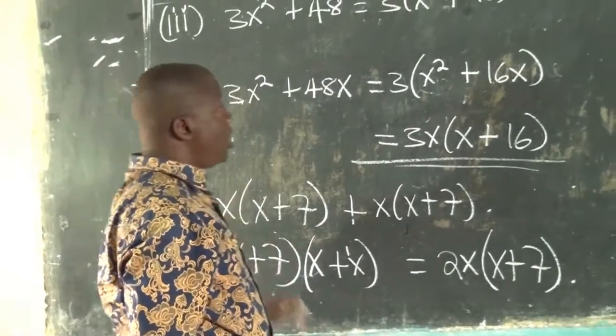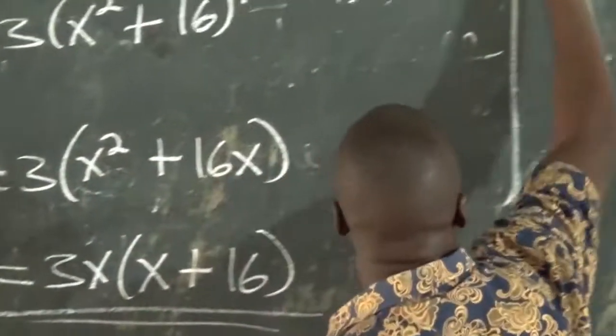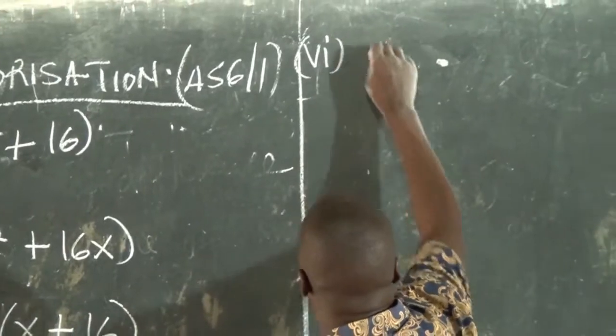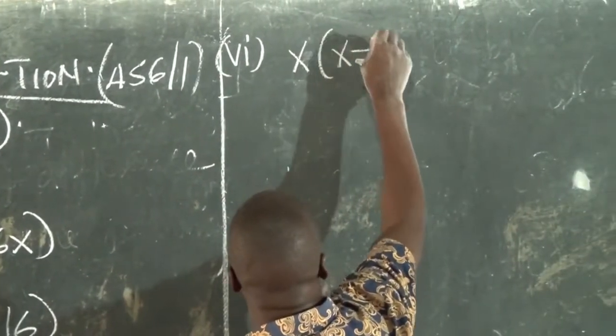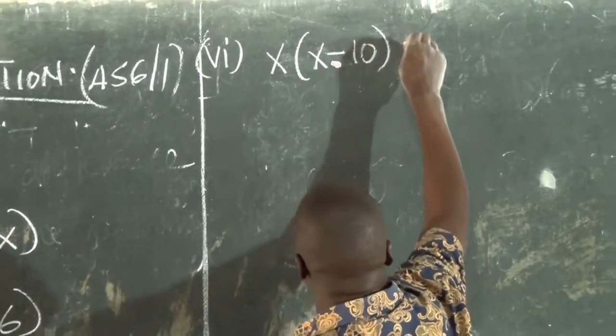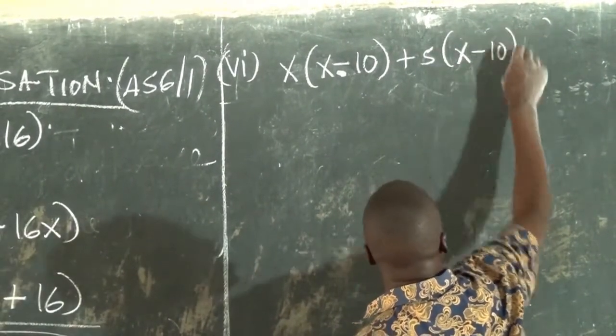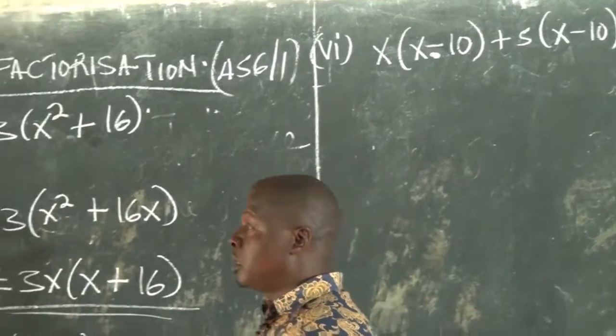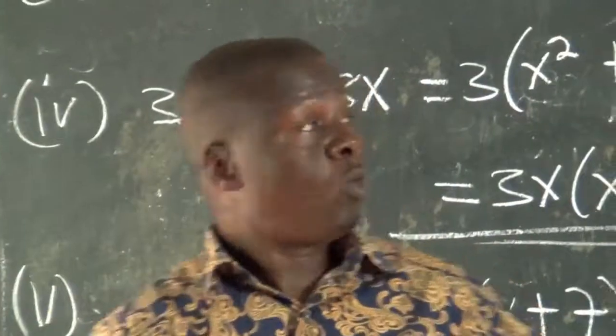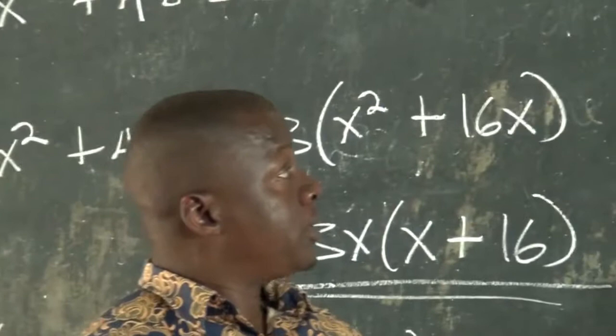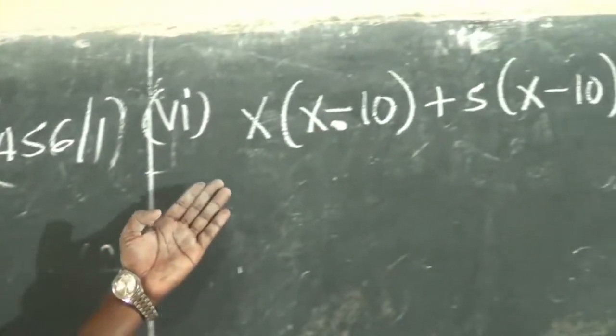Allow me to give more examples of that form. We have x, then x minus 10 plus 5 into x minus 10. When you observe, we have two similar brackets. In other words, this bracket is the common factor.